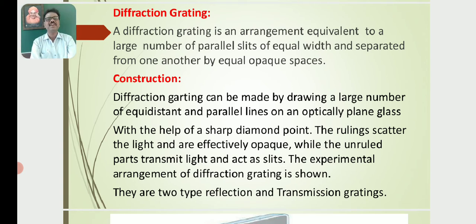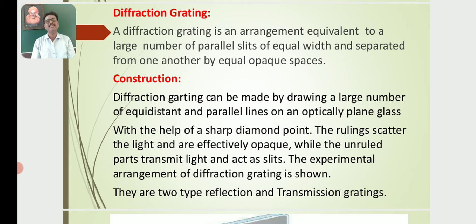A diffraction grating is an arrangement equivalent to a large number of parallel slits of equal width, separated from one another by equal opaque spaces. Here the diffraction grating consists of a large number of parallel slits. We know single slit and double slit in the case of Fraunhofer diffraction.